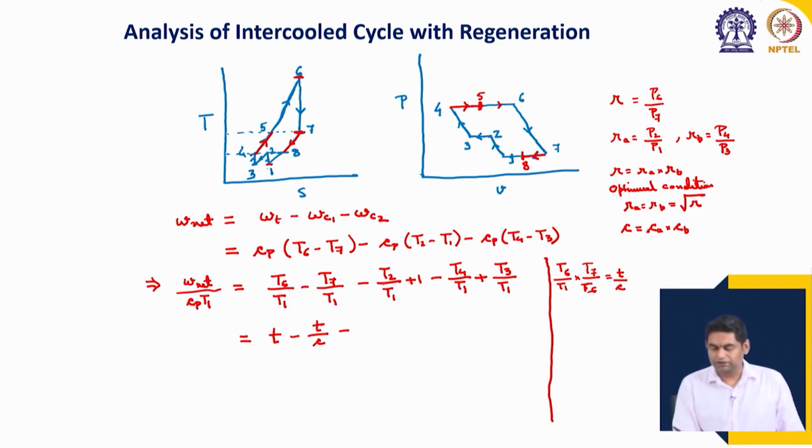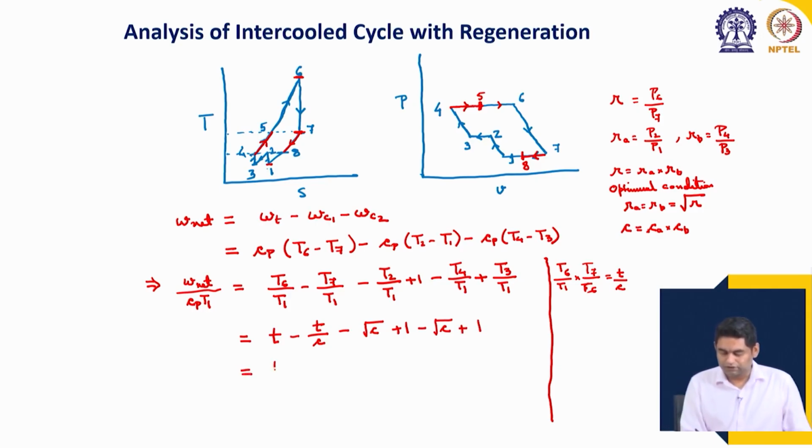Minus T2 by T1. For the first compressor, this is R A to the power gamma minus 1 by gamma, so this is C A. In this case, we will assume that this is already at optimal condition, so this is equal to root C, and then plus 1 minus T4. T4 is equal to T2 in optimal condition, so T2 by T1 is again root C, plus T3 by T1. T3 is equal to T1, we have discussed this, so this is equal to 1.